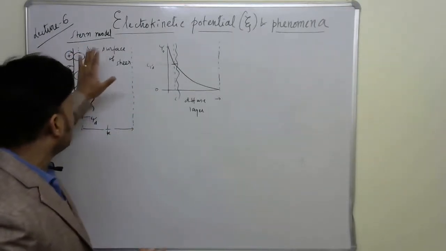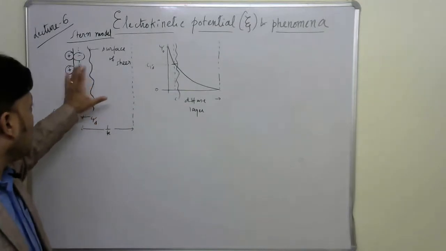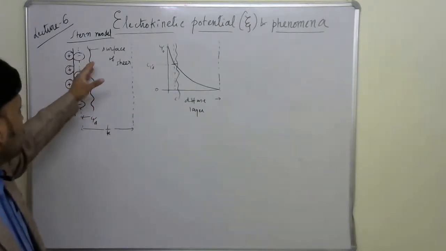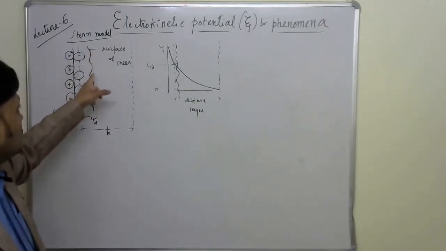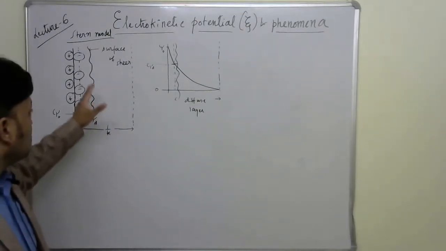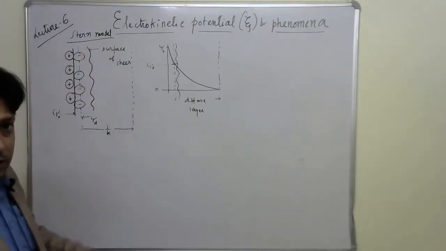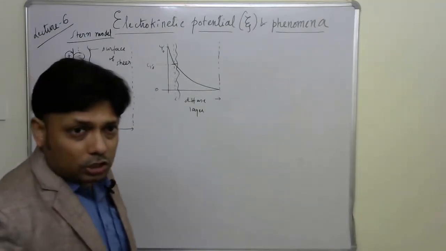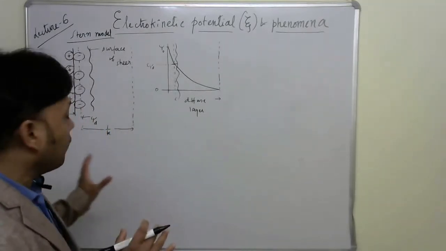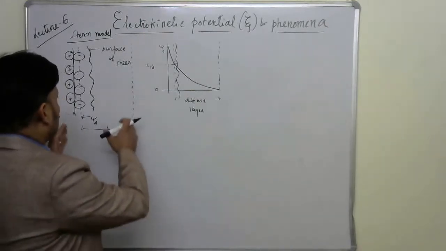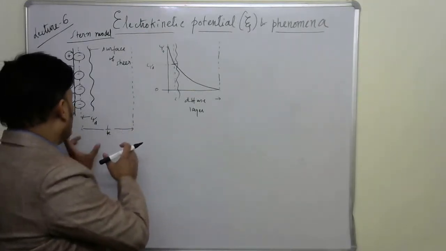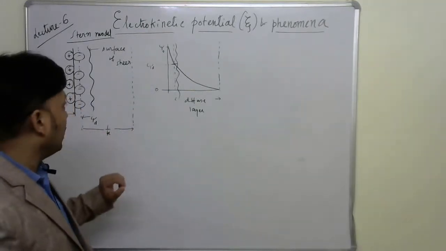This plane is called the slipping plane or surface of shear, and when the charged particle starts to move, the potential is measured right on this surface of shear. The potential on this wavy surface is denoted as electrokinetic potential or zeta potential. That much we have learned earlier. And this thickness, what I have drawn here, is the inverse of kappa, which is the Debye length.